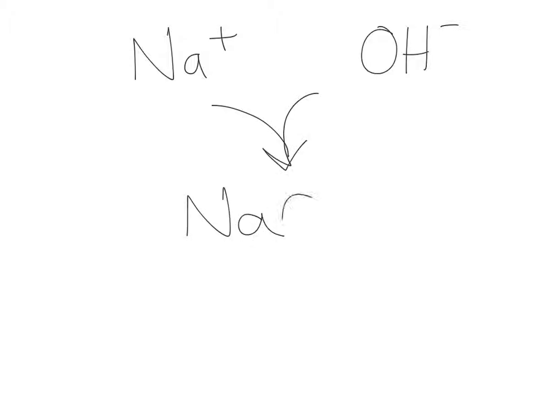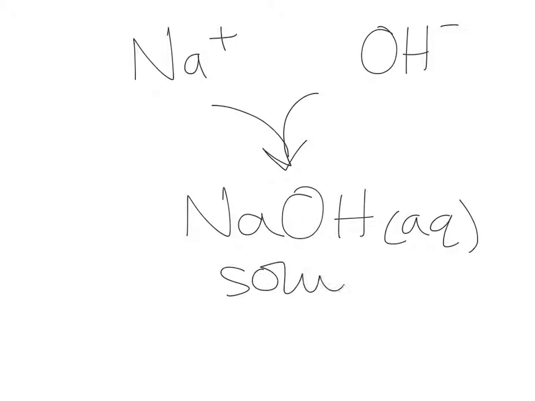This has left us with Na plus and OH minus ions still in solution. Well, they remain in solution, and what they will produce is sodium hydroxide solution. So they will stay in solution. So that is the third product of electrolysis of sodium chloride solution.